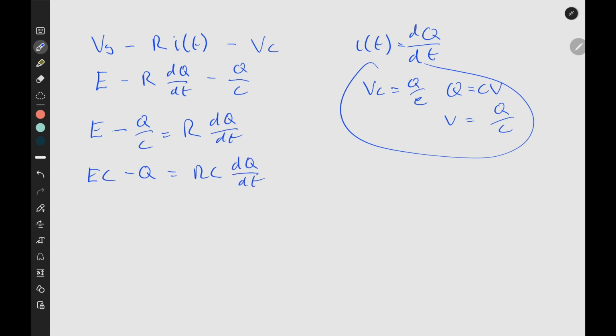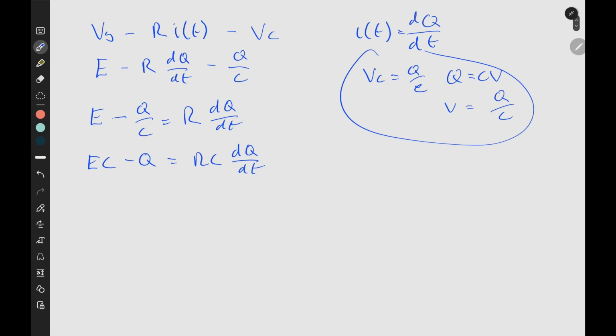So then we want to rearrange this. I'll do all the steps just so it's easy. So let's bracket this: (EC minus q) times dt, because we're engineers, we don't care that this isn't really a fraction. It's a fraction to us, equals RC dq.